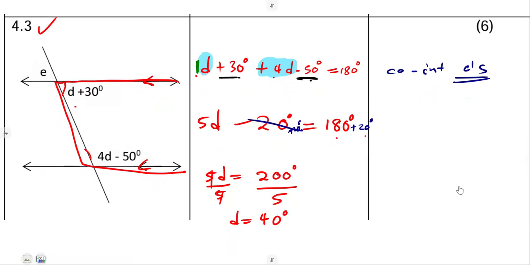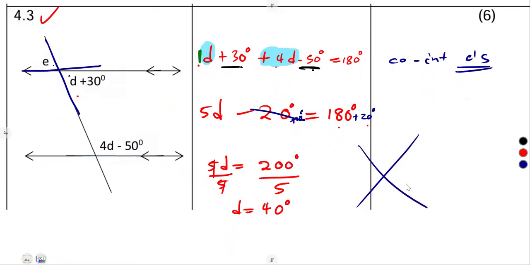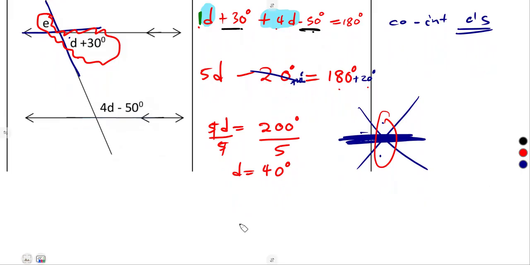We are not done because there is also angle E here. What is happening on angle E? There are vertically opposite angles where two straight lines intersect. Vertically opposite angles are equal. So these two are equal. Angle E is equal to angle D plus 30 degrees. These are vertically opposite angles.